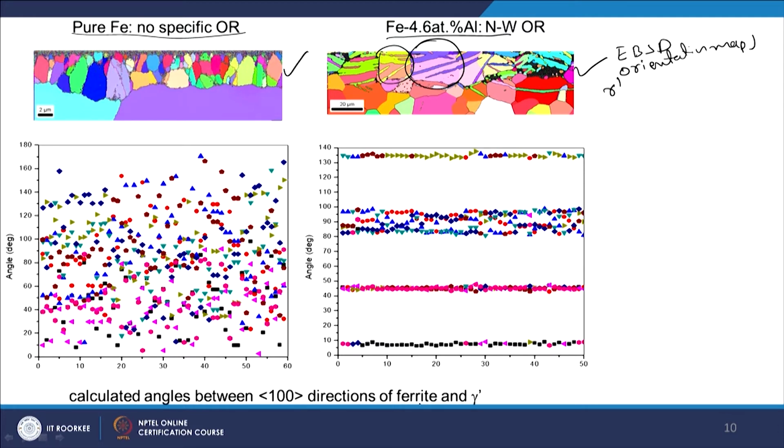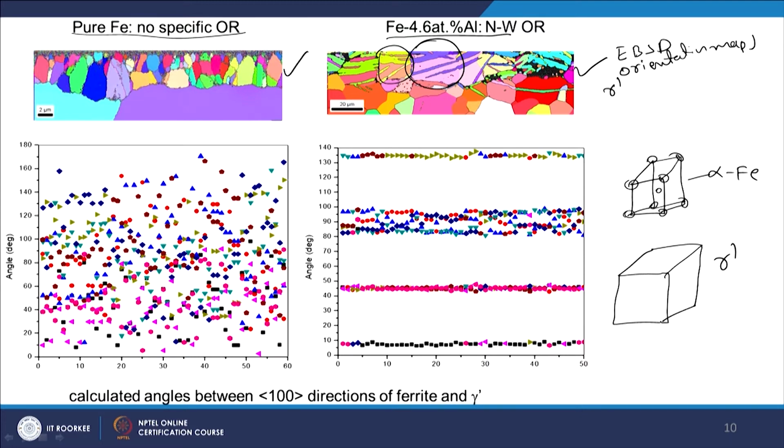Now, if you have a cubic structure, for example, here I have BCC iron, right, and then I have a gamma prime that has an FCC arrangement of iron atoms, like a gamma iron, with iron atoms at all the face centers.